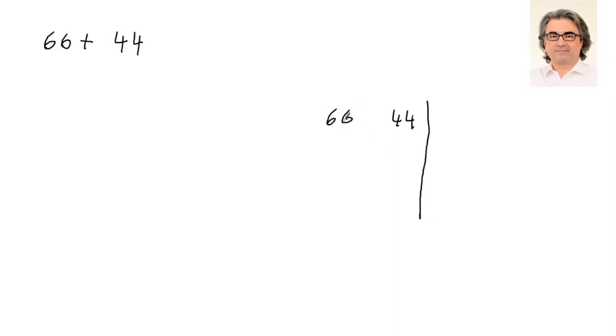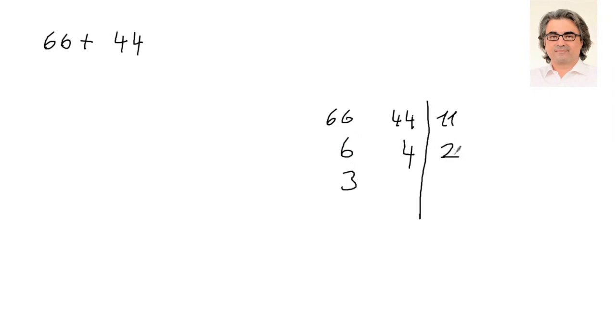Find a number in your head which divides both of these two numbers. For example, 11. If you divide 66 by 11, you will get 6. If you divide 44 by 11, you will get 4. After that, I have 6 and 4 after dividing these numbers by 11. 6 and 4 are also divisible by 2 in common. So divide 6 by 2, the result will be 3.